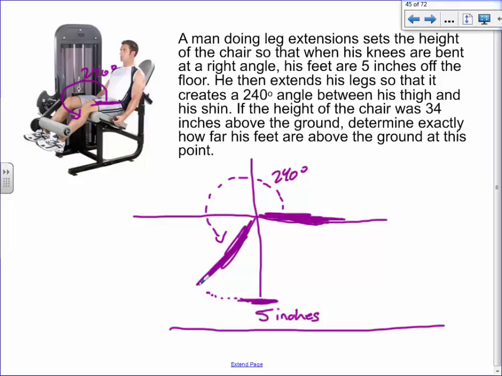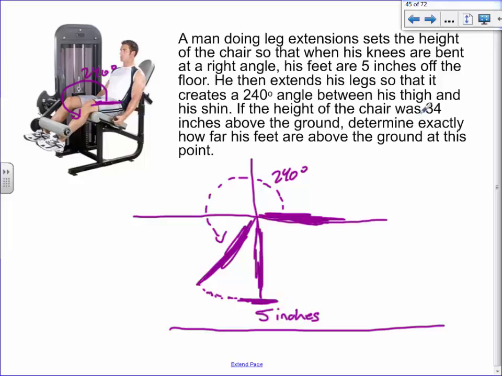So let's say that his feet swung all the way down here to the bottom. Okay. Am I interpreting this the same way you guys are? If his knees were bent all the way down like this, if this is where his knees would be, then he'd be 5 inches off the floor. Does that make sense?